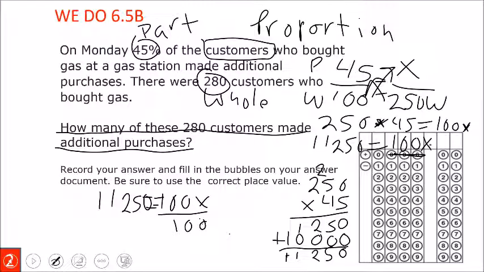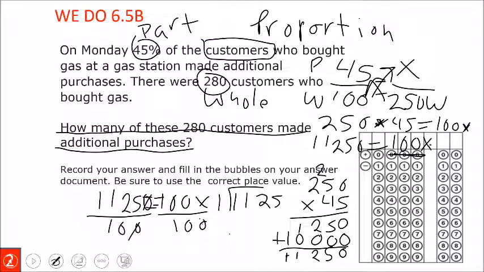Divided by 100, 100 divided by 100 is 1, so that leaves 1x, which is what we want, divided by 100. And now we can remove a 0 from there, and it makes it easier. Now we can divide this by 10.